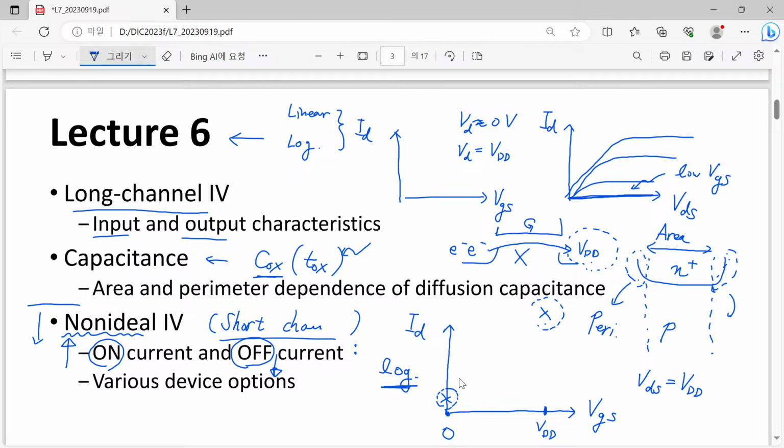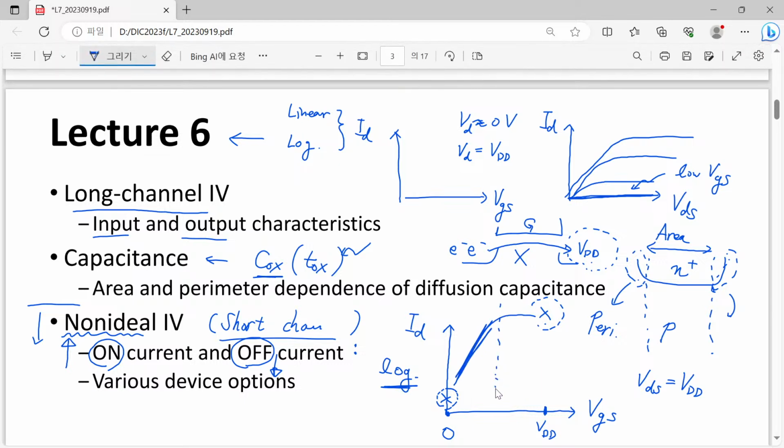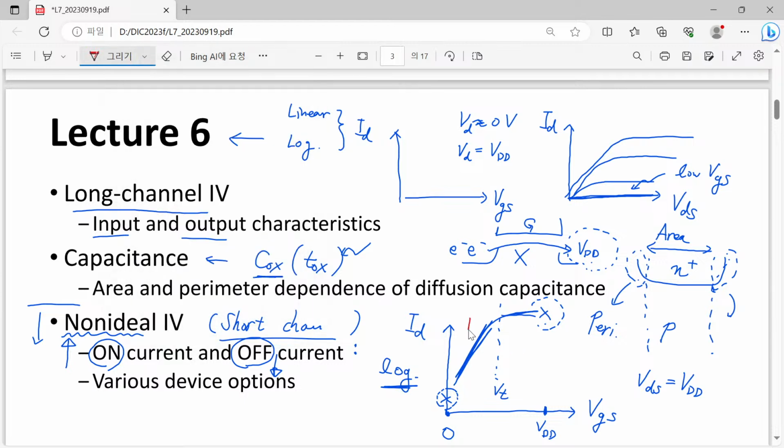So ideally, the best way is maybe this one, a very steep curve, and after that, beyond the threshold voltage, you have a certain value for your on current. That is desirable. So now you may understand this slope is important.